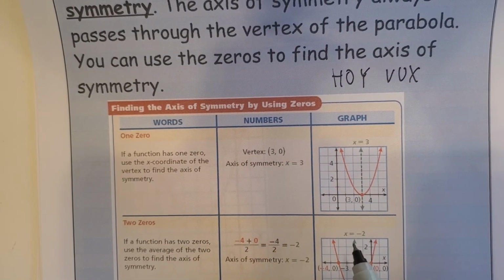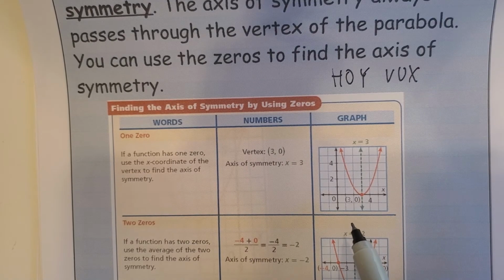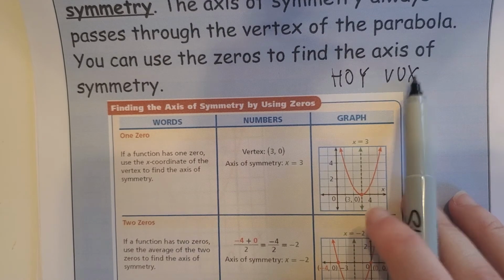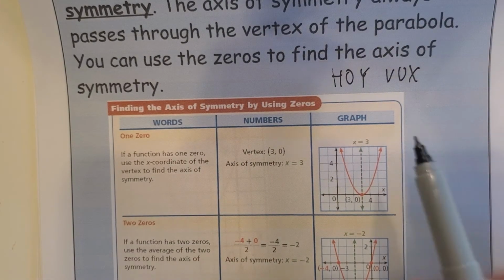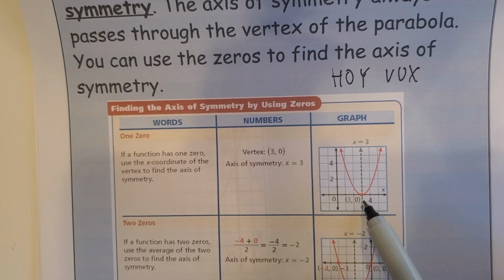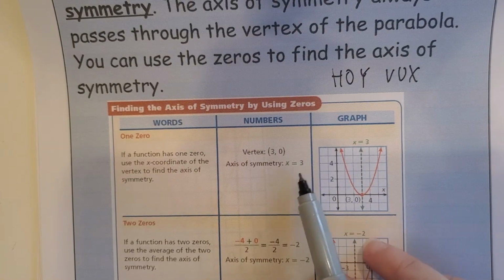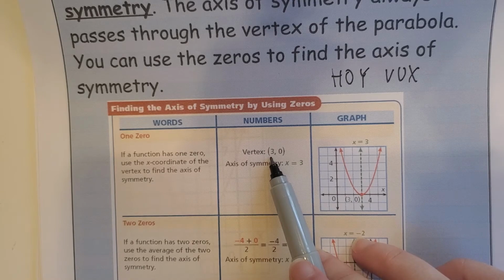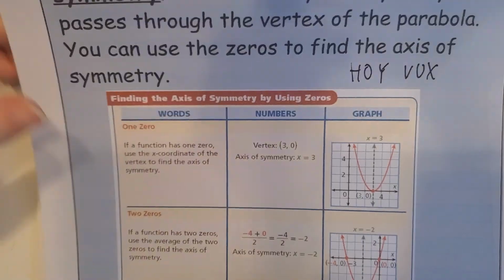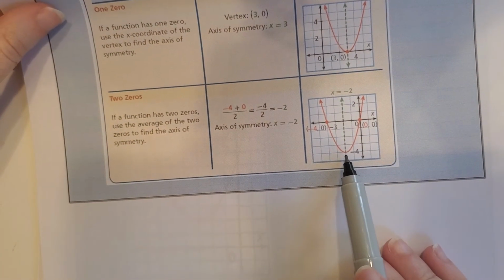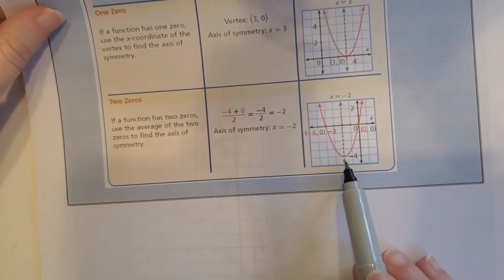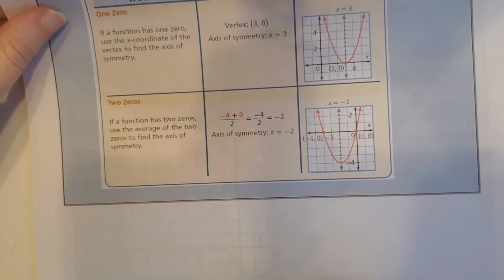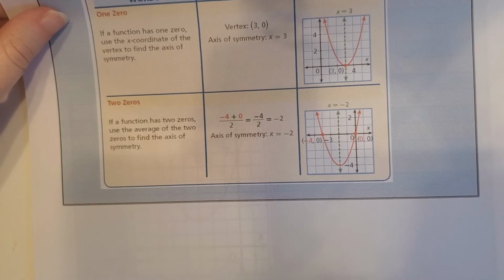So since we're always writing the equation of a vertical line, the equation of the axis of symmetry is always going to be x equals something. And since the axis of symmetry passes through the vertex, the equation is always going to be x equals whatever the x value of your vertex is. As you can see here, because this vertex would be (-2, -4), the axis of symmetry is x equals -2.